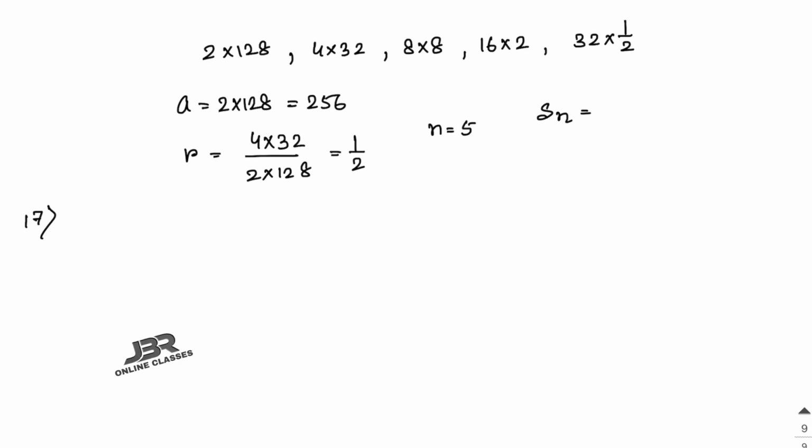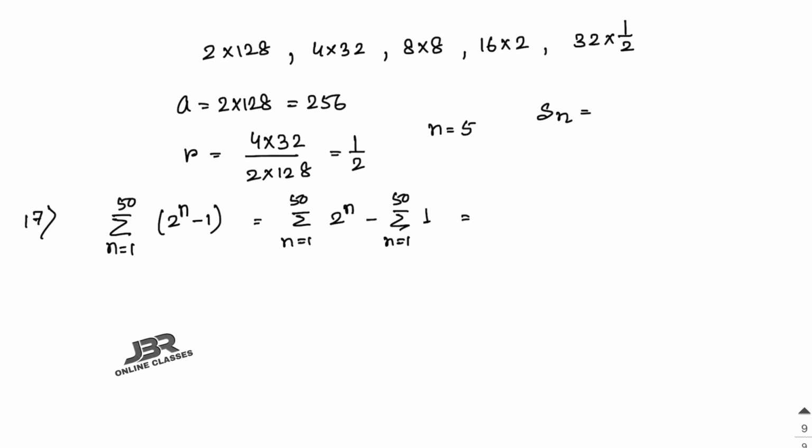So here sum number 17, evaluate summation n equal to 1 to 50, 2 to the power n minus 1. Okay, so here you can write down this one as summation n equal to 1 to 50, 2 to the power n, minus again summation n equal to 1 to 50, 1.